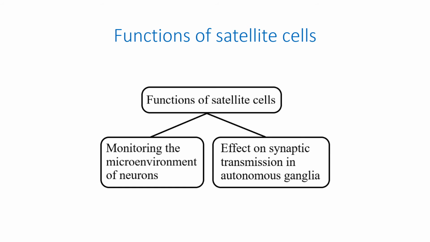Satellite gliocytes are in close contact with synaptic boutons, which allows them to influence the synaptic transmission and processing of information in autonomous ganglia. Satellite gliocytes have receptors for ATP and therefore can respond to the release of this neurotransmitter by neurons.